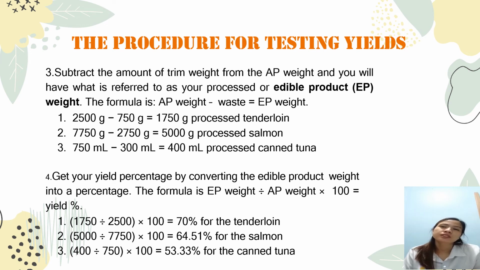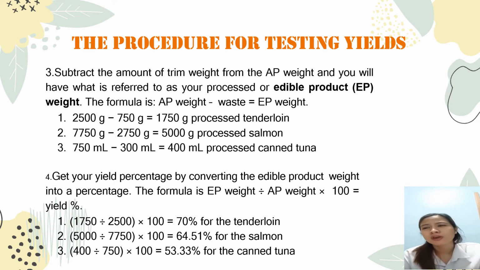So, number 3, subtract the amount of trim weight from the AP weight, and you will have what is referred to as the edible product, or EP. The formula is AP weight minus trim weight is EP weight. So, ngayon naman, isubtract ang AP o timbang na nabili mo sa market at timbang na mga nabawas na fats and skin o tenderloins.